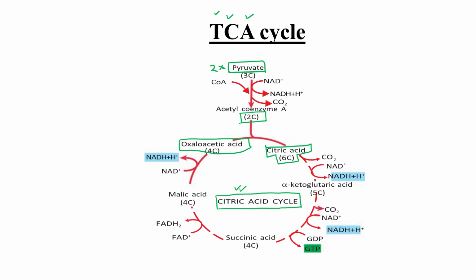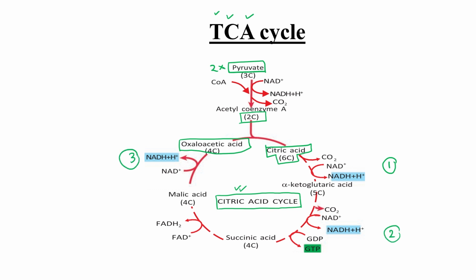So after this citric acid cycle, many other components are formed, and during the formation of one component from another at 3 different levels, NADH is generated: first, second, and third.